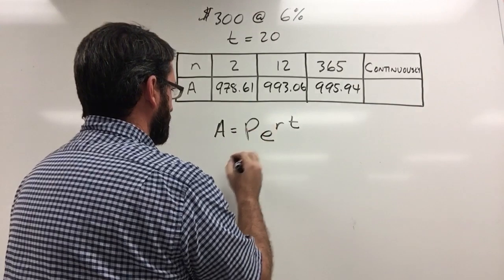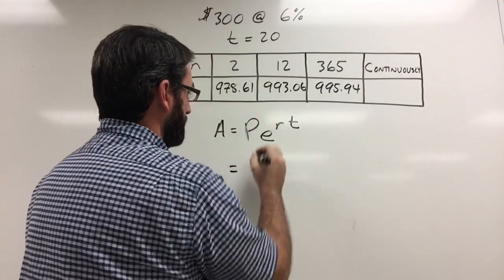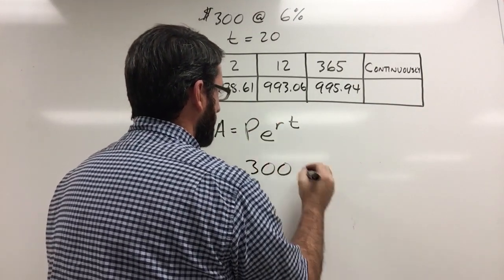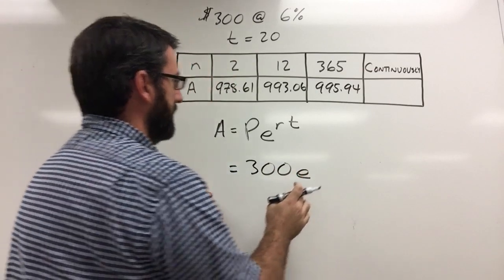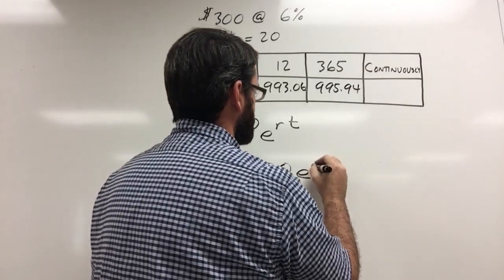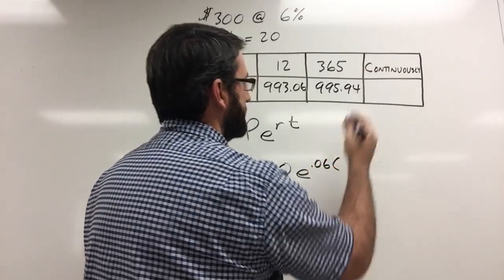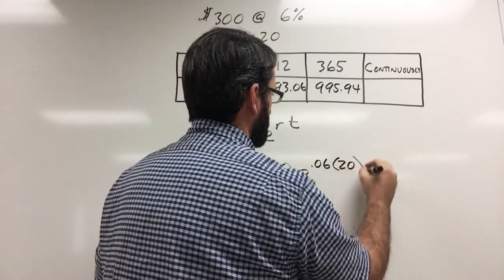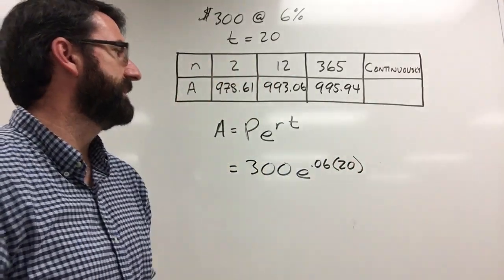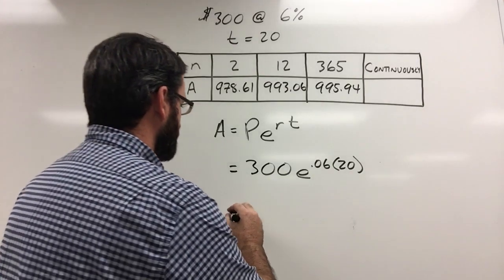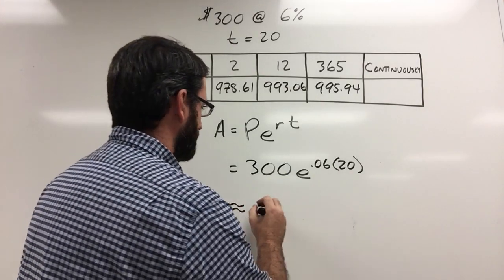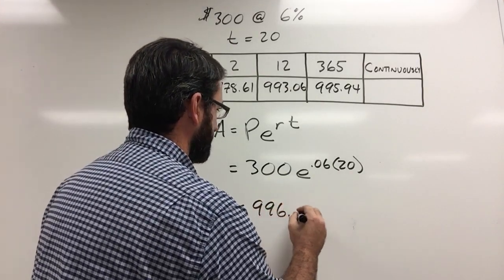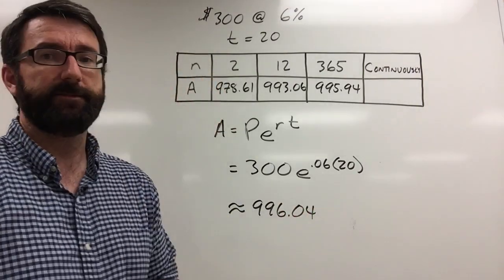All right, so if we plug this in, now our P is still 300. Our e is a constant, our rate is 0.06, and the time is going to be 20 years. And we can plug this into our calculator, and this is going to give us an approximate value of $996.04.